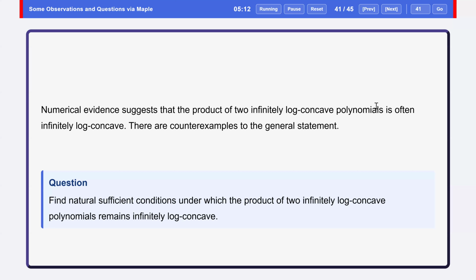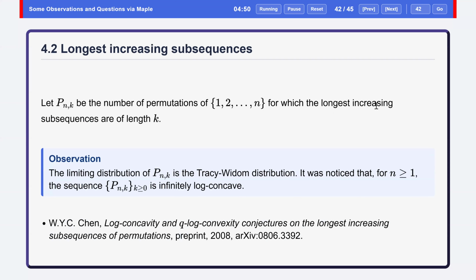But we still have the question: can we find good or natural conditions for which a product of two infinitely log-concave polynomials remains infinitely log-concave? And in this regard, we have another question.